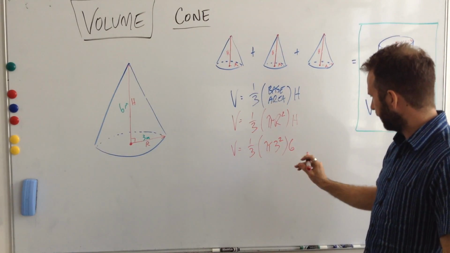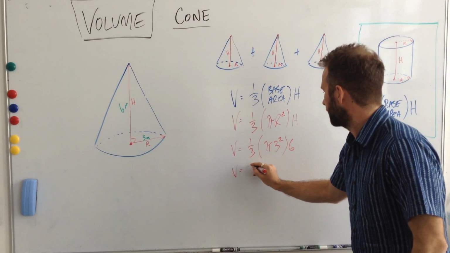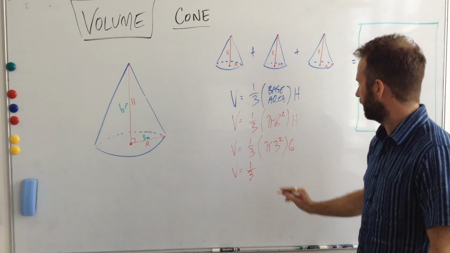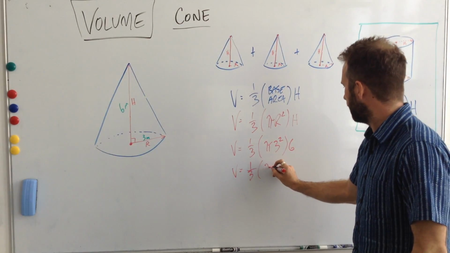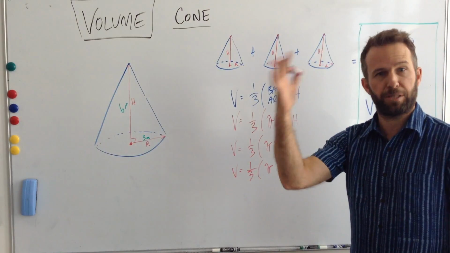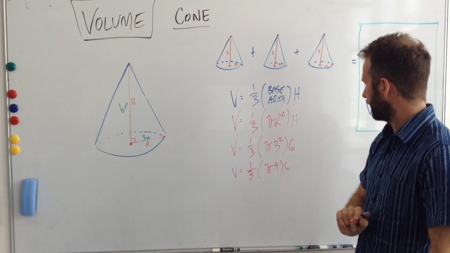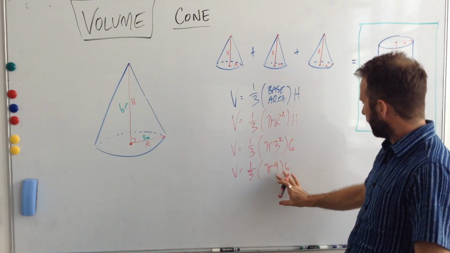Now, a fair bit to handle here, but I want to focus on the parentheses first. So I'm simply leaving that 1/3 there, and I'm going to say pi multiplied by 3 squared. Now 3 squared is 3 times 3, of course, so that's 9, and then I've got 6 outside there. Let's start putting some of this together.